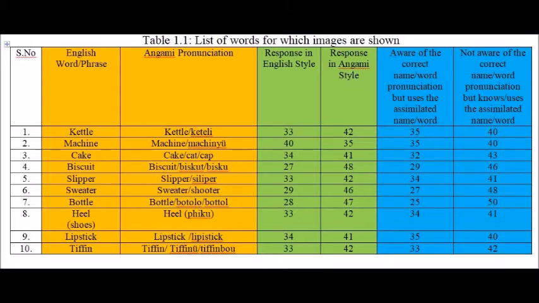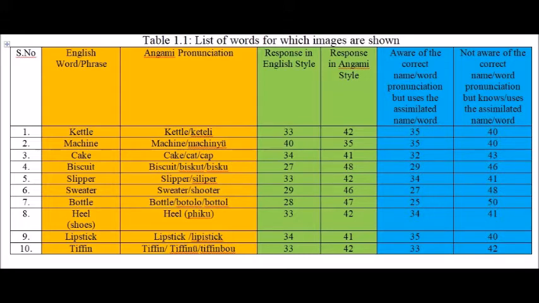In green color, there are 2 columns. The first column is the number of responses that we have received from people who followed the English style. The second green column is the number of samples who followed the Angami style of pronunciation. The blue color has again 2 columns.